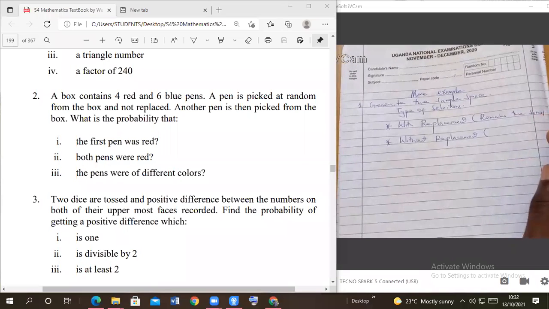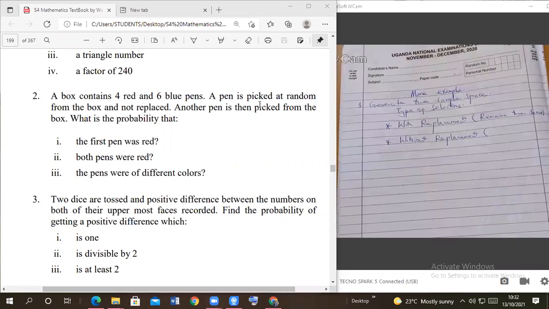Like I've said, if the experiment was done only once, there's no need for drawing a probability tree diagram. But if the experiment is done more than once, then it calls for a probability tree diagram.